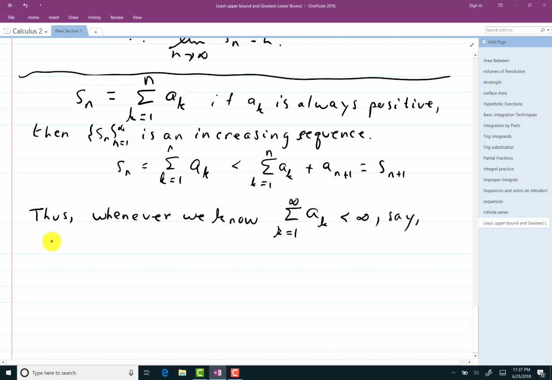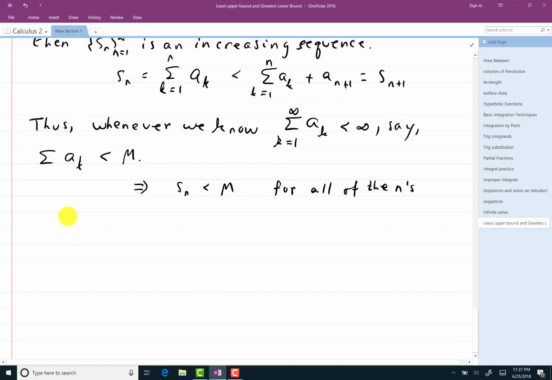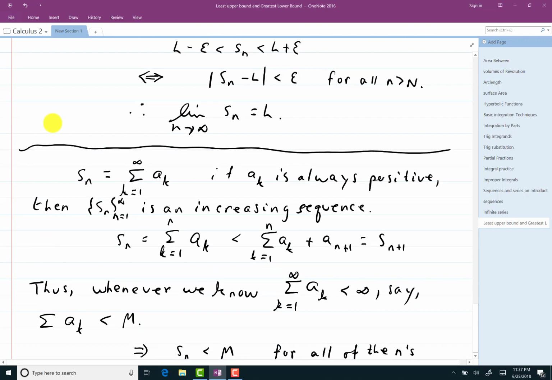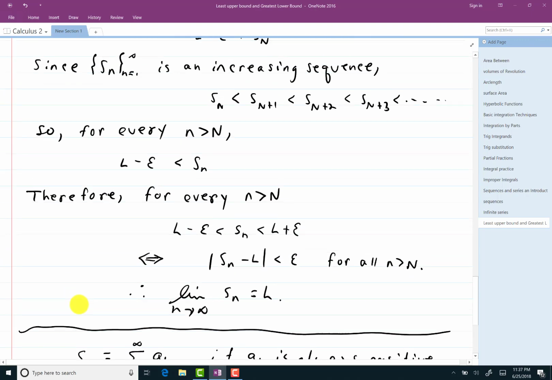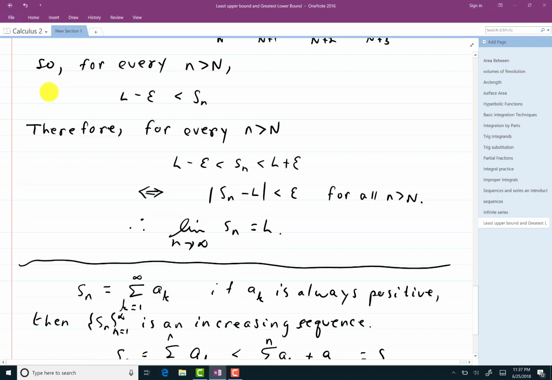Say, you know that the sum of a sub k, I'm going to start dropping them now, is less than some capital M. All I care about is it has a bound of some sort. This will imply that S sub n will be less than M for all of the n's. Well, if that's true, we have an increasing sequence that is bounded above. What did I just say above here? Then that sequence has a limit. Therefore, the sum exists.